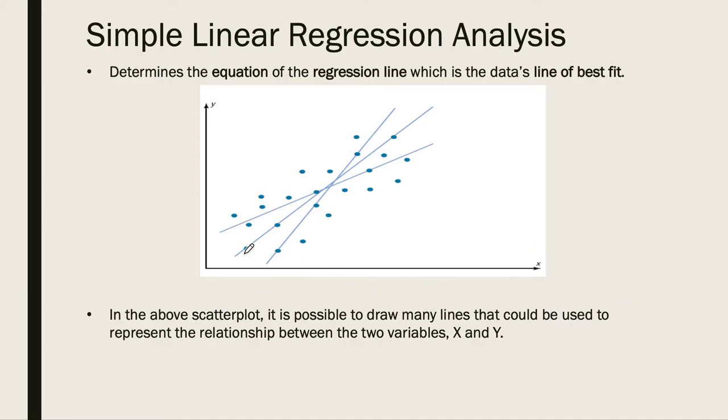This is our x-axis here, and the y here. There are a lot of lines that we can draw, but what we want is only the best fit, the one that represents the data points we have here. Only one can be considered the best fit.